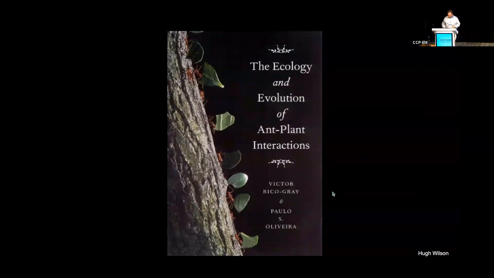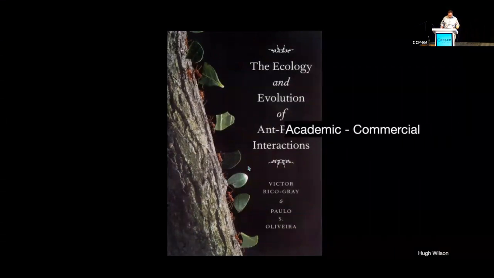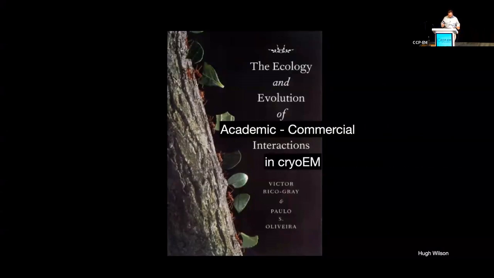And while I was having lunch with Hugh yesterday, we sort of discussed the idea that actually the relationship between the commercial world and the academic world of cryo-EM is not so different from the relationship between ants and trees. So it can be symbiotic. The tree can benefit enormously from the fact that the ants bring in nutrients and things from further away, and they can actually sting predators that come in, and the tree can grow much larger than it would otherwise do if it didn't have the ants.